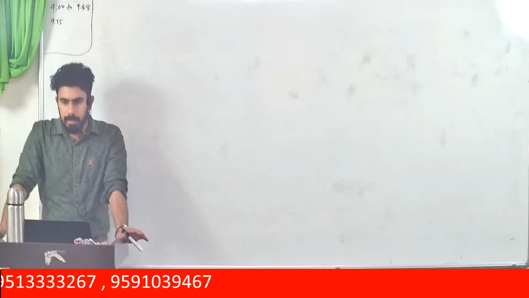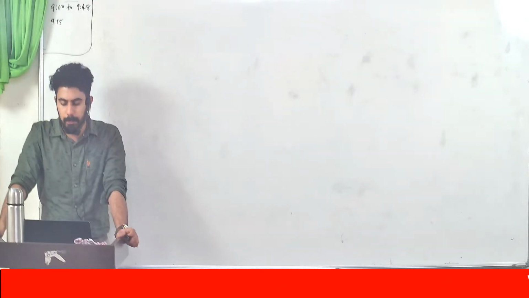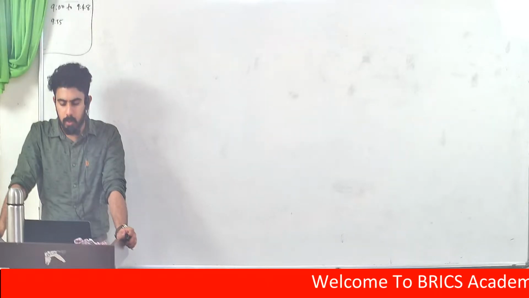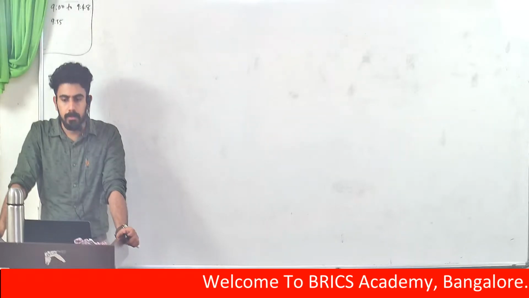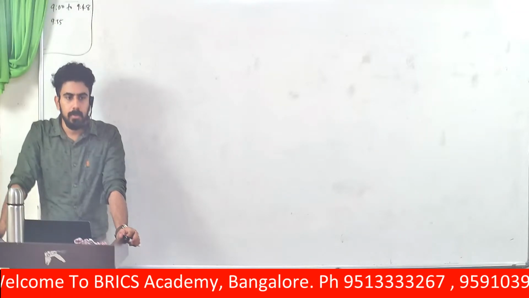Write this: total debt divided by shareholders' equity. Simply, debt equity ratio is debt divided by equity.